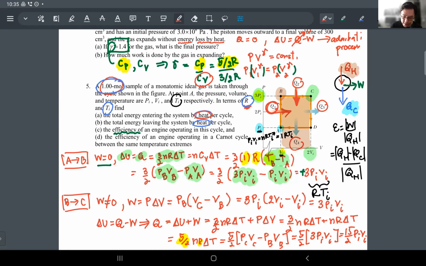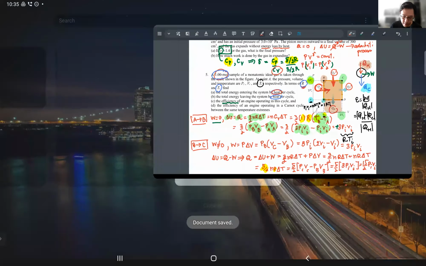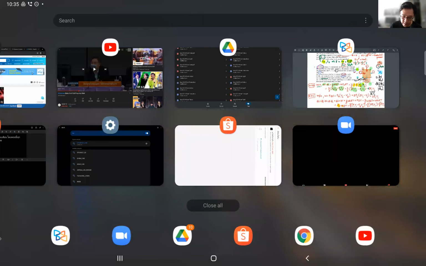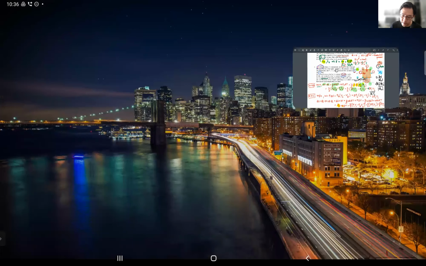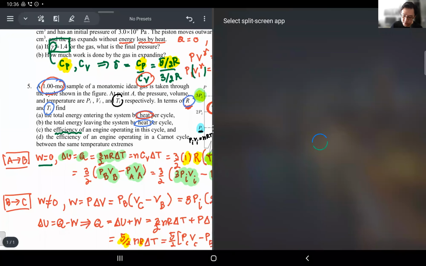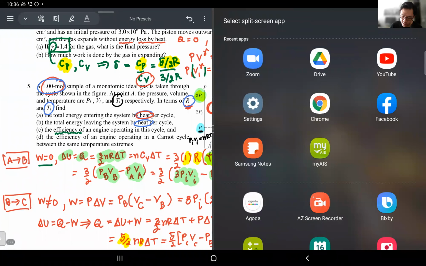All right, so I think I can split the screen a bit. Let me figure out how to do that. Here you go, split. I'm just going to have an extra note here.